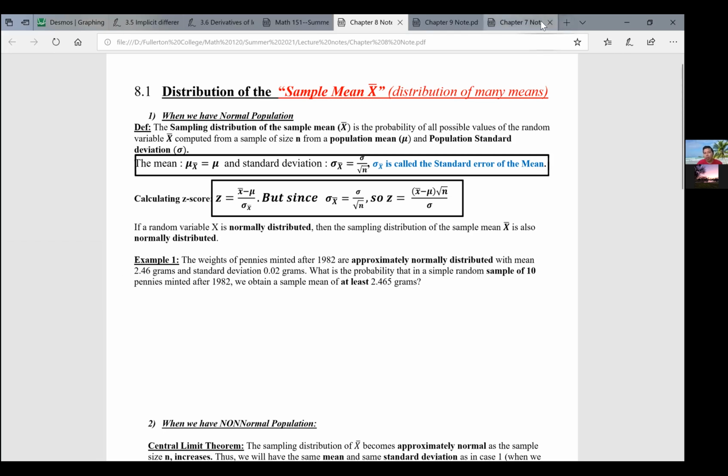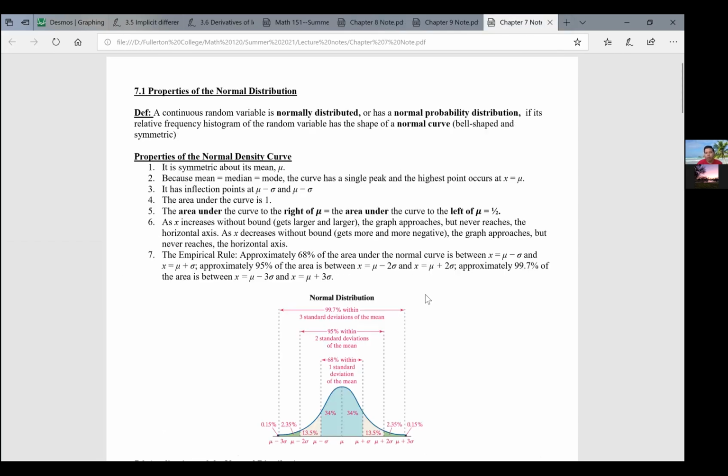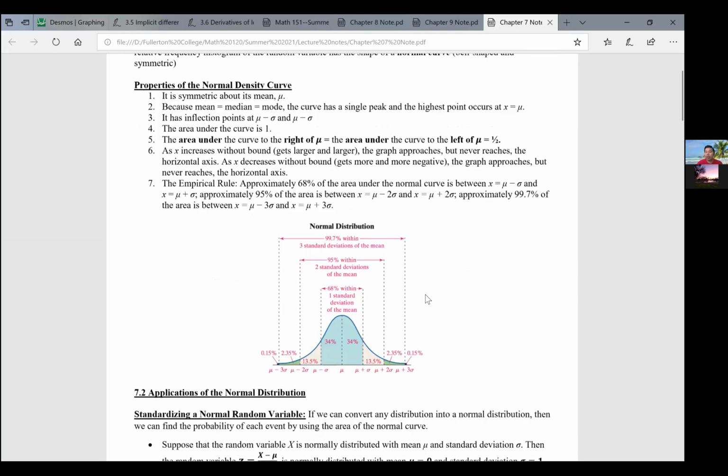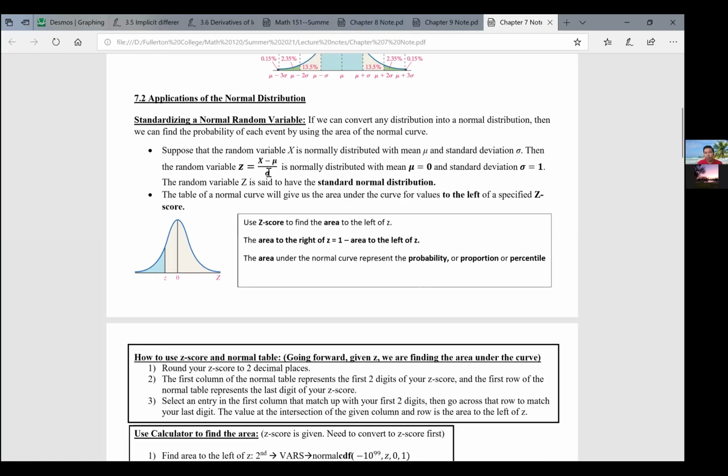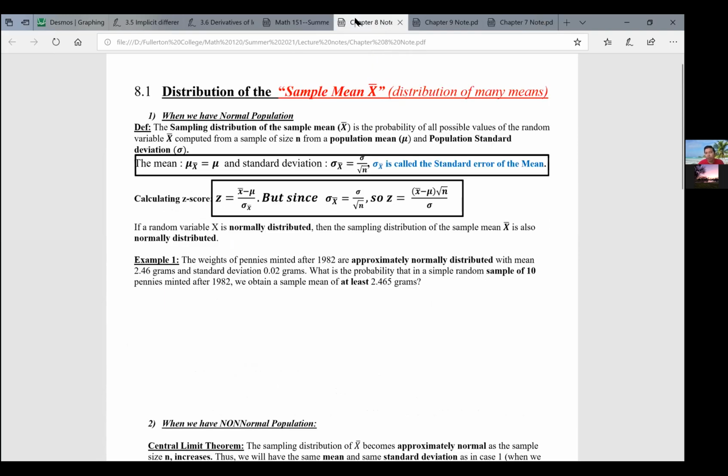Okay, so if you go back to chapter 7, how we define the standard deviation, right? Z will equal a random x minus the mean divided by the standard deviation. So that's a general formula. When we look at chapter 8 in comparison, we are also taking a random sample mean, because 8.1 is all focused on the sample mean.